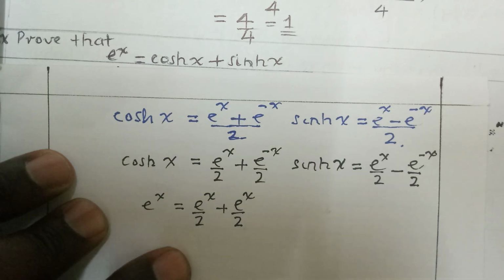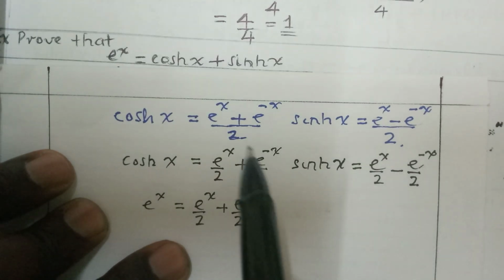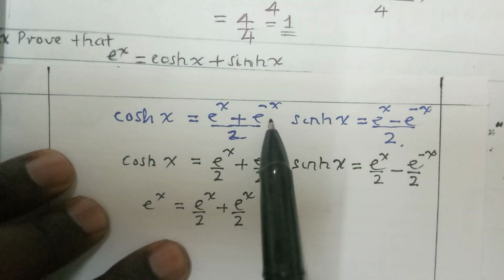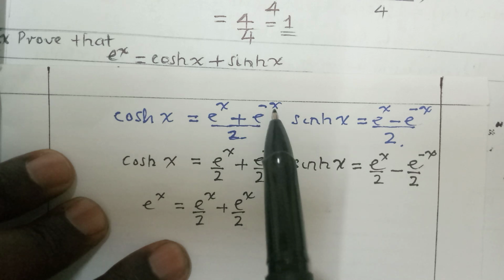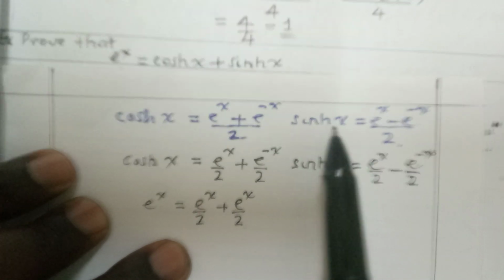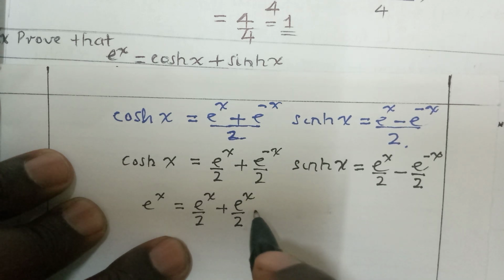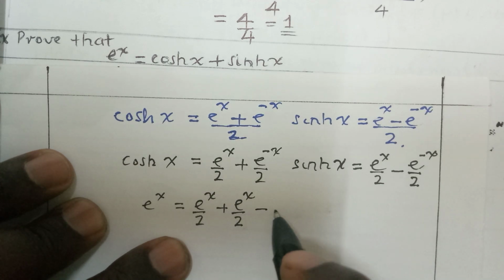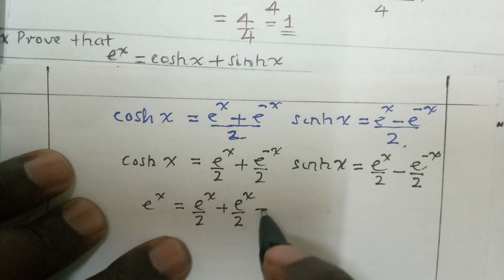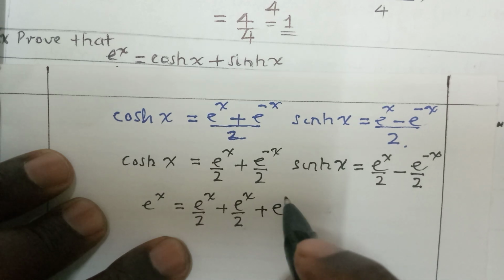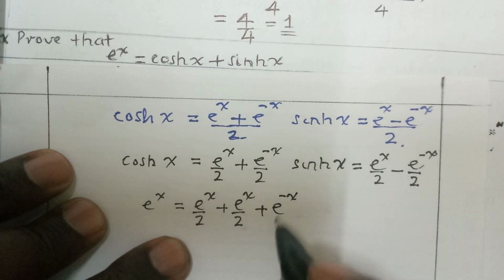We can now introduce, because we can see our cosh usually have e raised to negative x, the same with sine hyperbolic x, we can introduce now we say minus or plus e raised to negative x over 2.